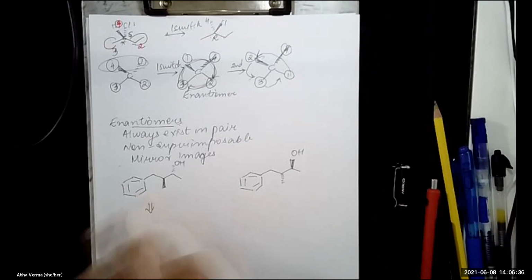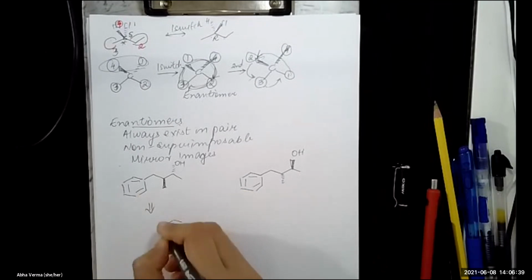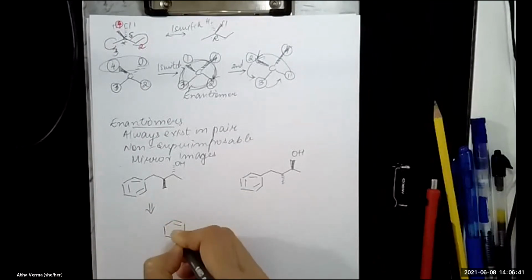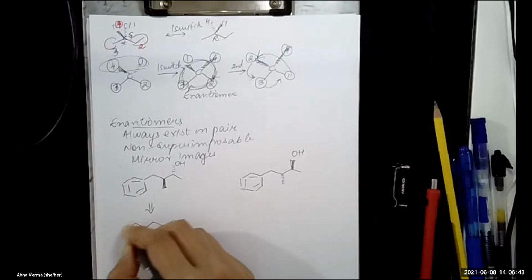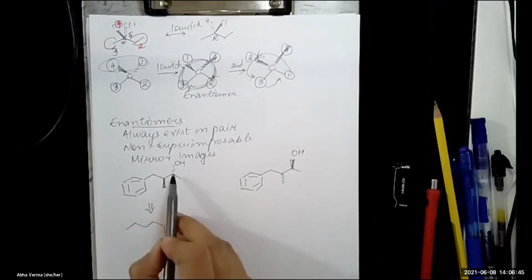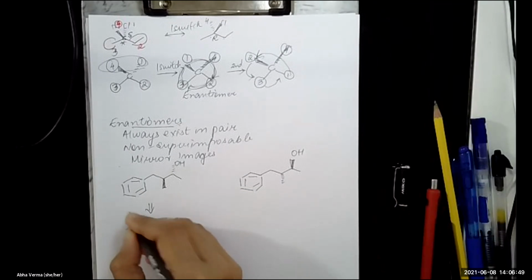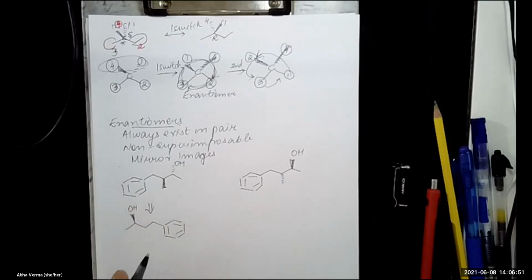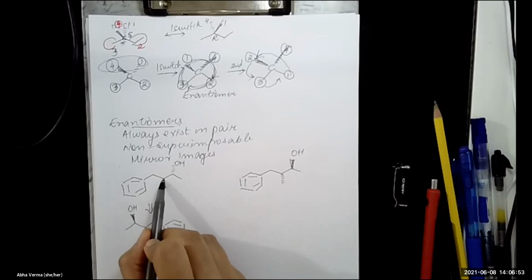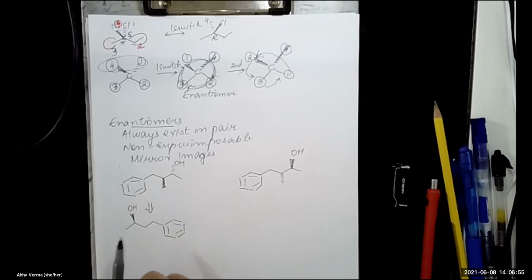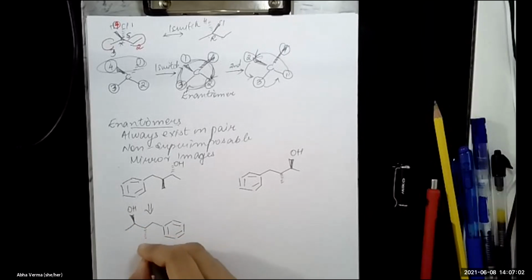But what if I had to draw the same compound but flipped? I can draw the same compound flipped. In this orientation, my OH was going at the back. In this orientation, my OH is coming in the front. In this orientation, my methyl is going at the back, coming front. And in this, it is coming right here.